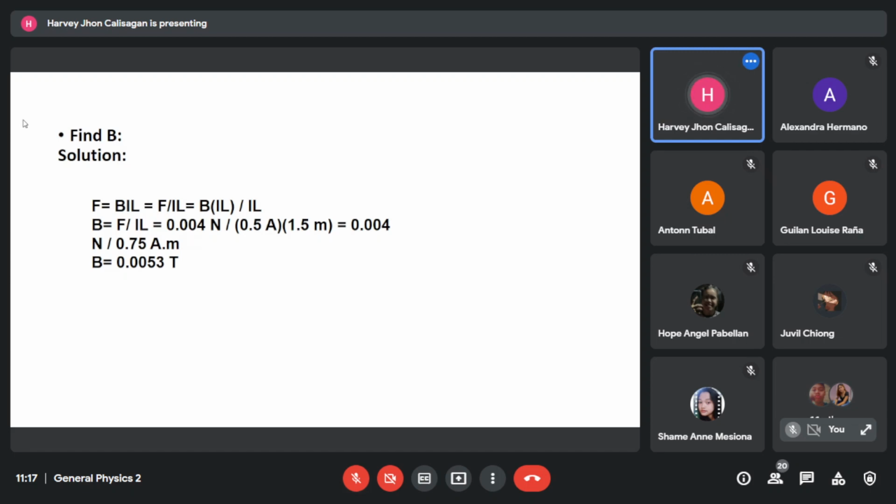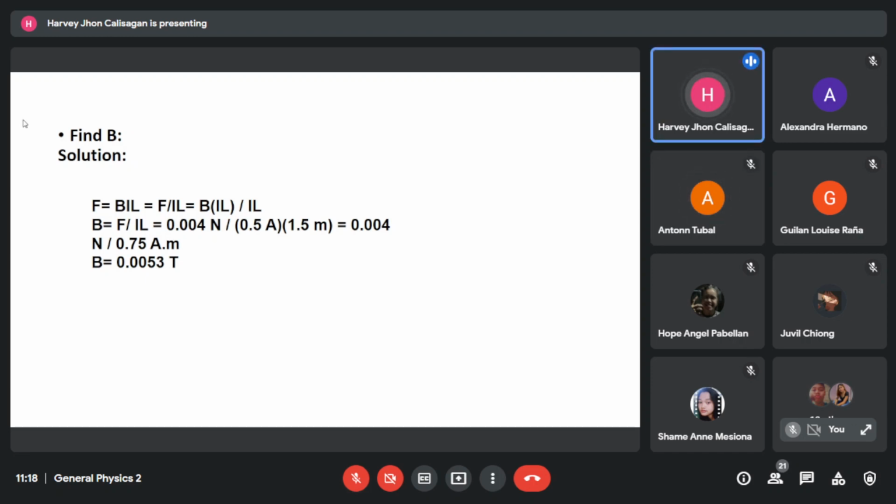And then 0.5 times 1.5 is 0.75. So we have 0.004 Newton divided by 0.75 ampere meter. So our product now will be 0.0053 Tesla, which is the unit for the magnetic field. Please check if we are having the same answer. Yes. Okay.